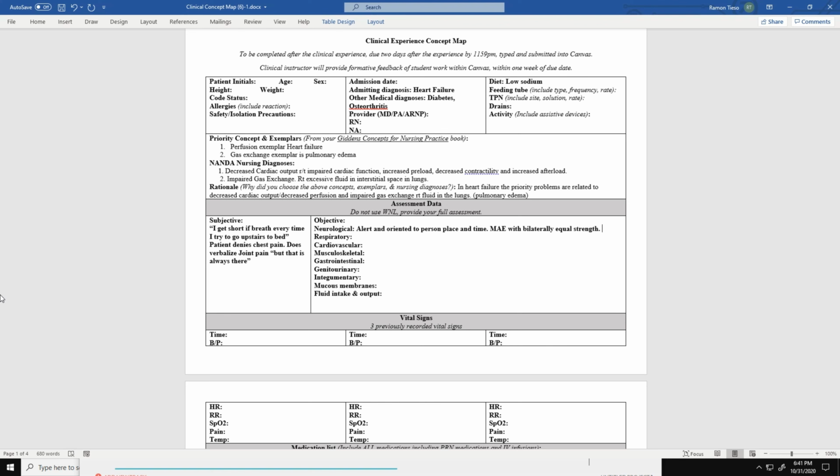Right now, if one hand grip is stronger than the other, then you say that. But we'll just say this guy here has got strength bilaterally equal. And then you want to say something about their face, right? Features are symmetrical.